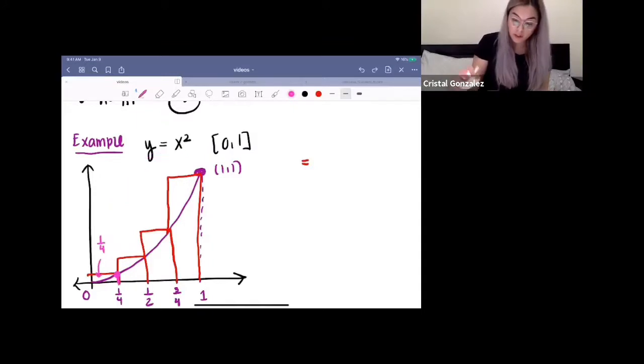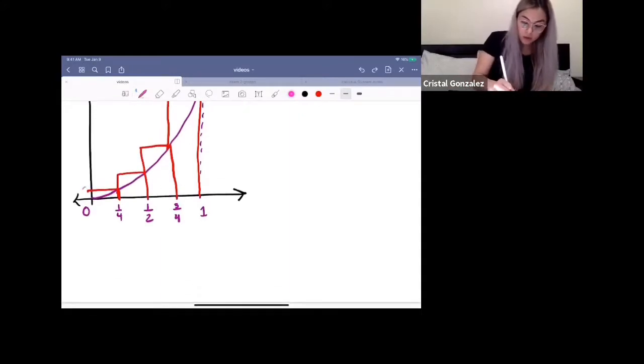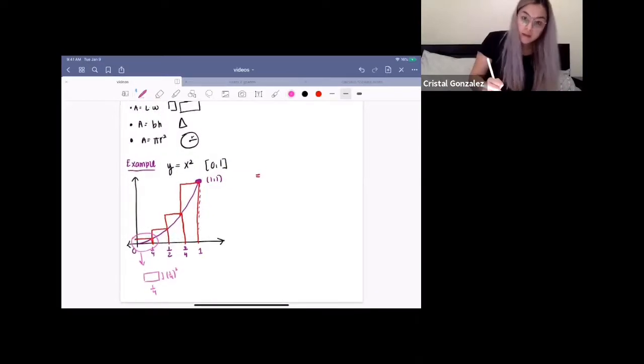So here for this rectangle, and let me just draw it over here, I'm only going to do this for one of them just so you guys can see where I'm going. For this one here, my width is going to be 1/4 always. But now my height is going to be 1/4 squared, because that's the point here. That's how long it is, and that depends on where we're at in that function.